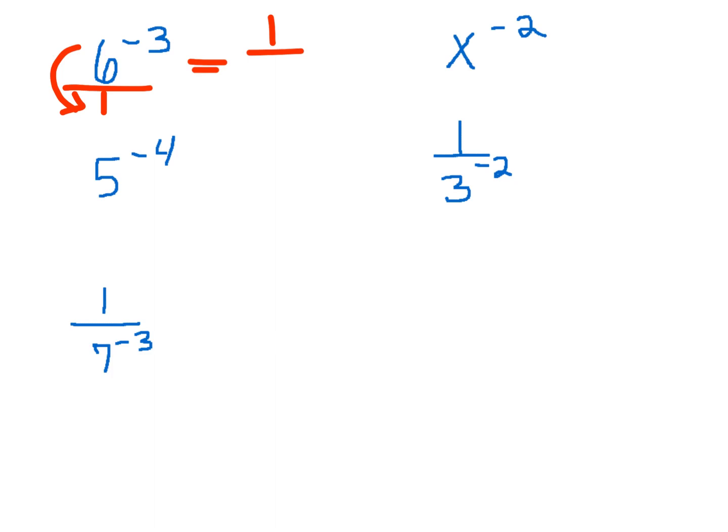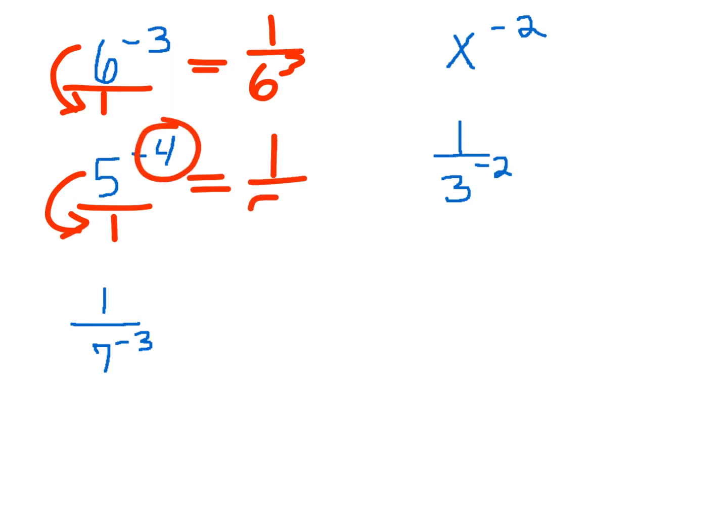I'm going to have 1 over 6, and now it becomes a positive exponent, 1 over 6 to the 3rd power. This one is going to flip to the other side as well because it's a negative exponent. So I have 1 over 5 to the 4th power. Up top, it's going to be 1 over x squared.